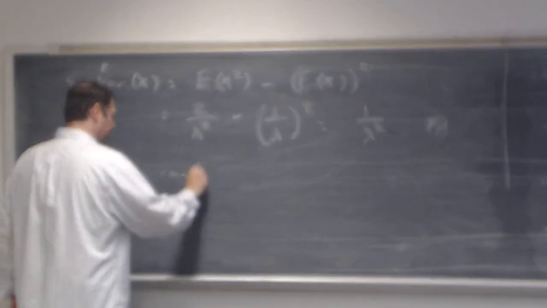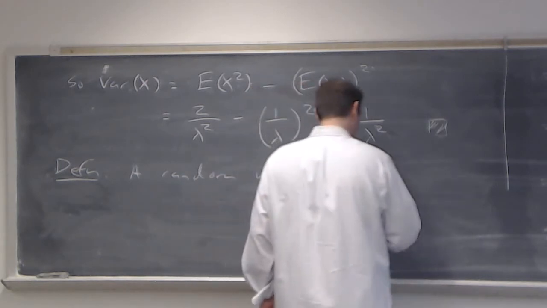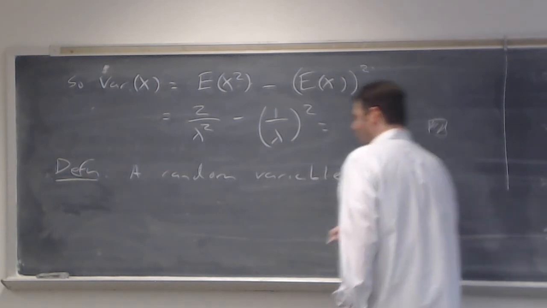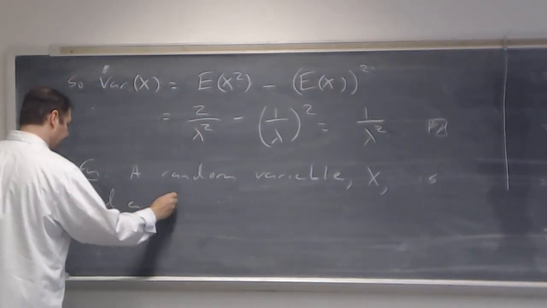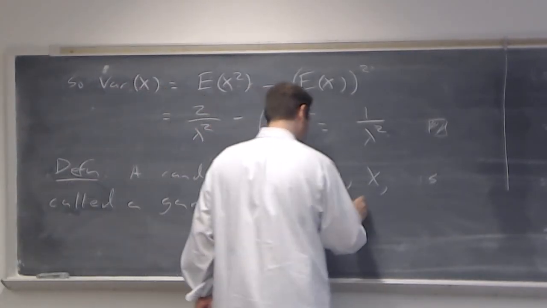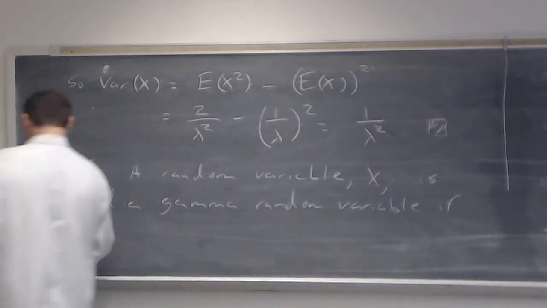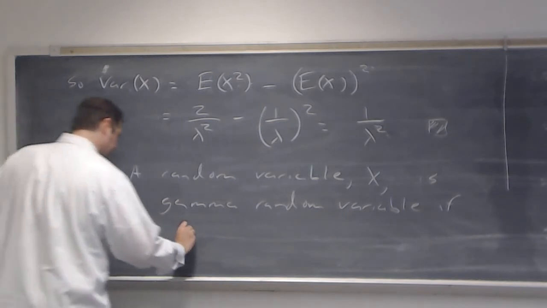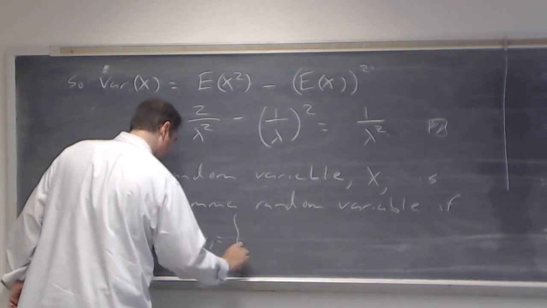A random variable x is called a gamma random variable if its PDF is, okay, so its f of x is equal to, see if I can remember without looking.